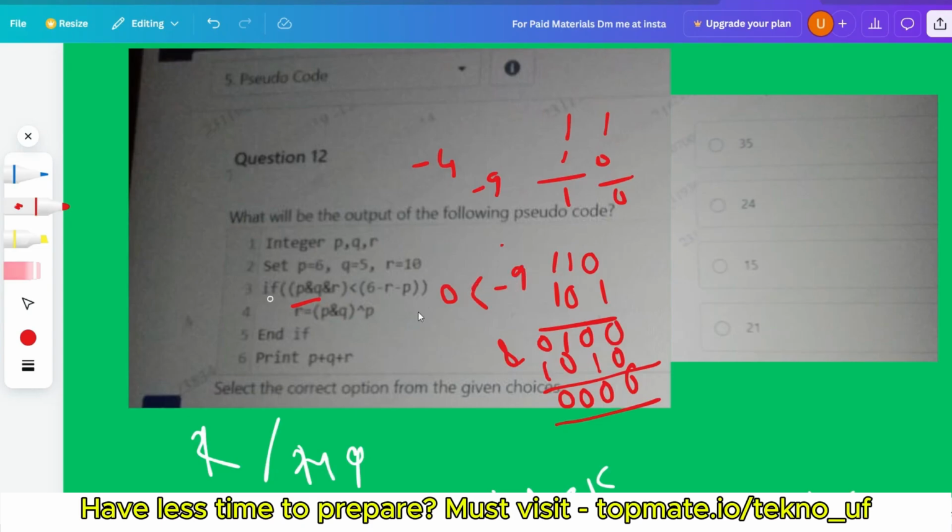So you don't have to do this calculation, r is equal to this. You just have to jump to the last line, that is print p plus q plus r. The value of p is 6, q is 5, r is 10. Just add this. So 6 plus 5 is 11, plus 10 is 21. So this will be the correct answer. Option D will be the correct answer.